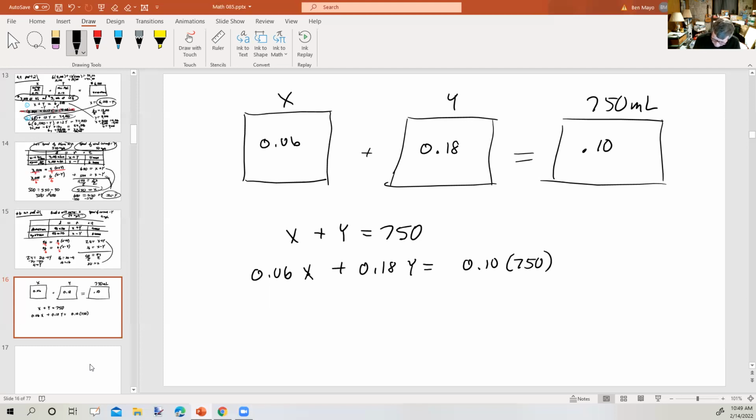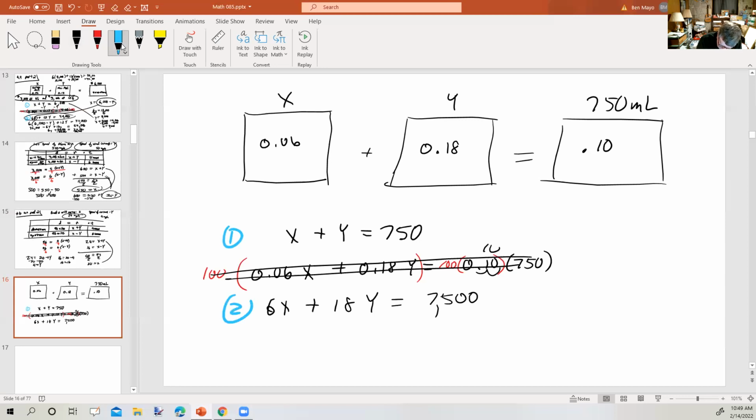I'm going to multiply both sides of this second equation by 100. So I get 6x plus 18y equals 100 times 0.10, which is 10, and 10 times 750 would be 7,500.